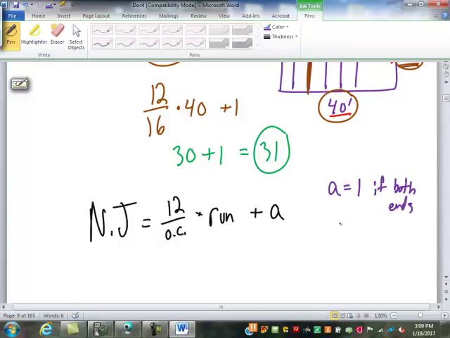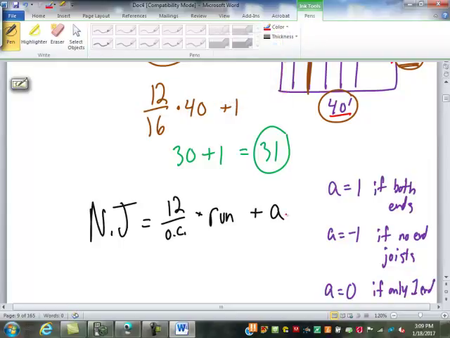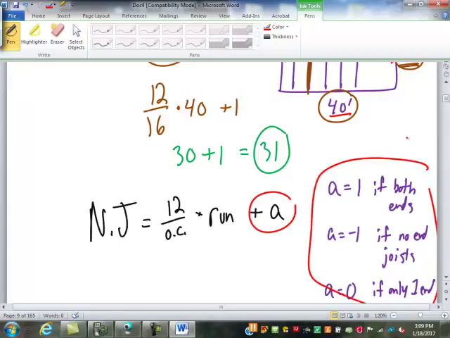A equals a negative 1 if no end joists. And A equals 0 if only one end. So now this formula becomes more complicated. A is going to be changed depending on the conditions that we're dealing with. We'll look at that formula in a lot more detail coming up probably next week. Maybe Friday if we get to it.